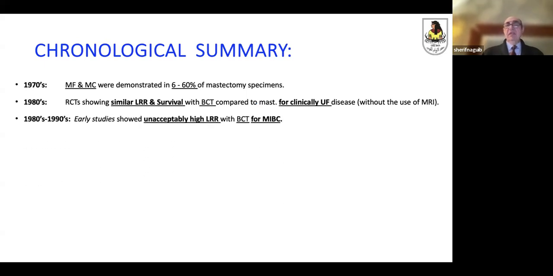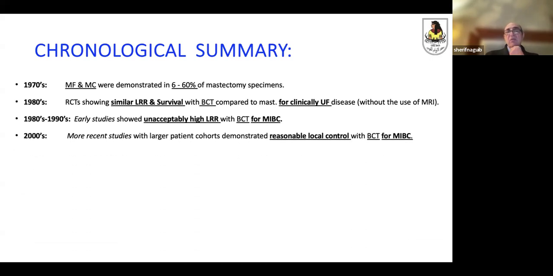But the earlier studies that compared breast conservation to mastectomy for multiple ipsilateral breast cancer found acceptably high locoregional recurrence with breast conservation, but these earlier studies had many defects. So in the 2000s, more recent studies with larger cohorts demonstrated reasonable local control for breast conservation in the treatment of multiple ipsilateral breast cancer.